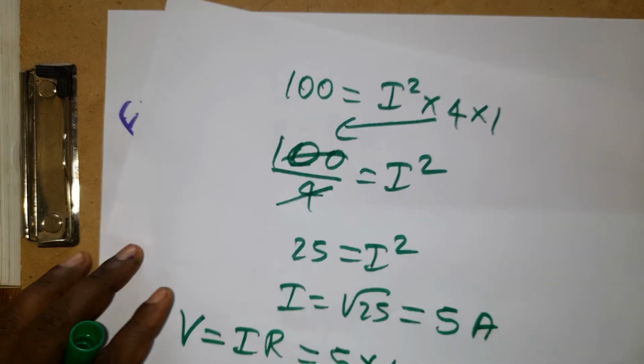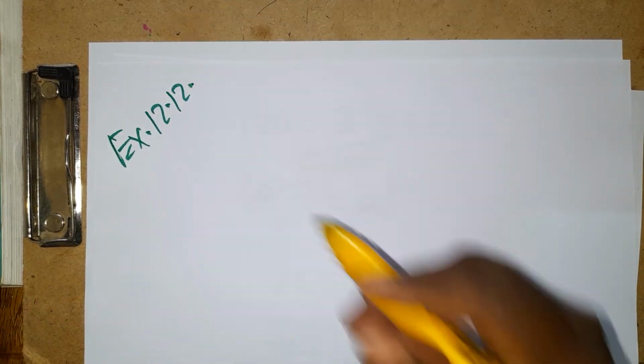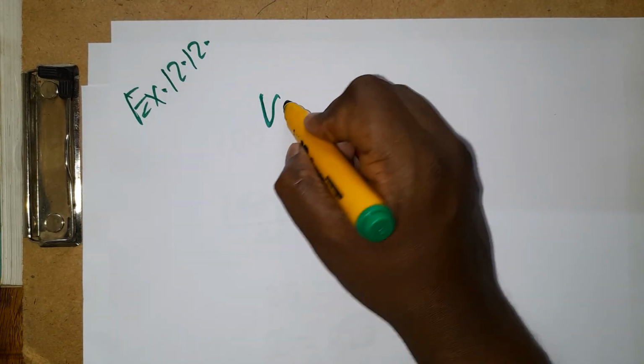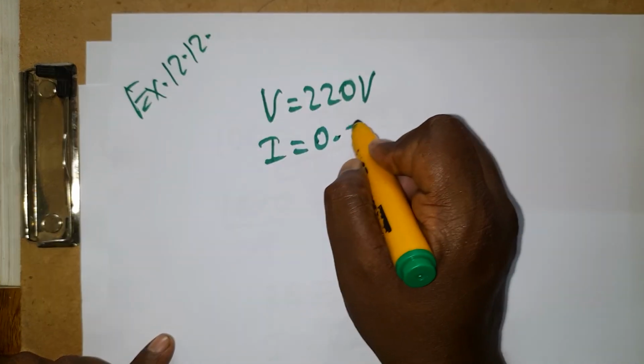Next, the 12th problem, 12th chapter. It's a very simple problem. Voltage is given, current is given, and they asked about the power. V is 220 volt, I is 0.5 ampere.